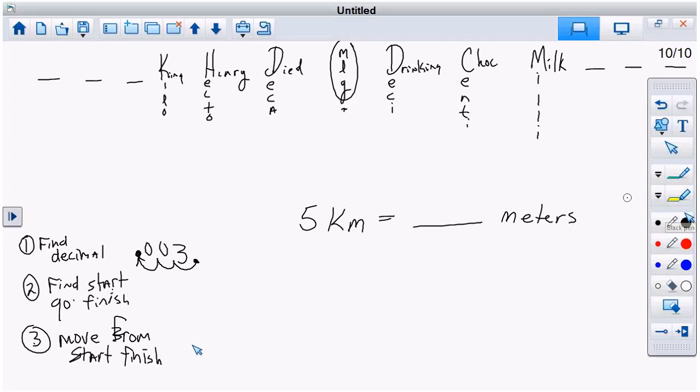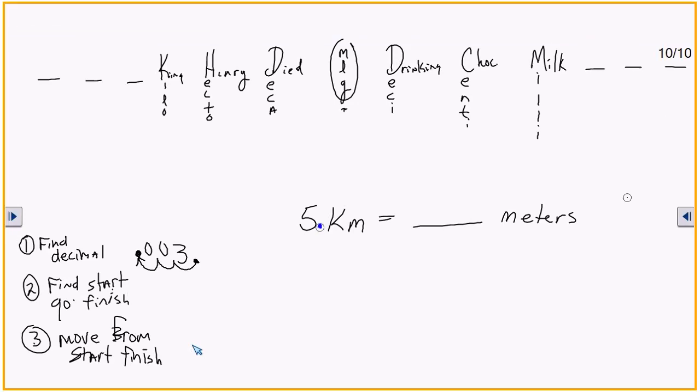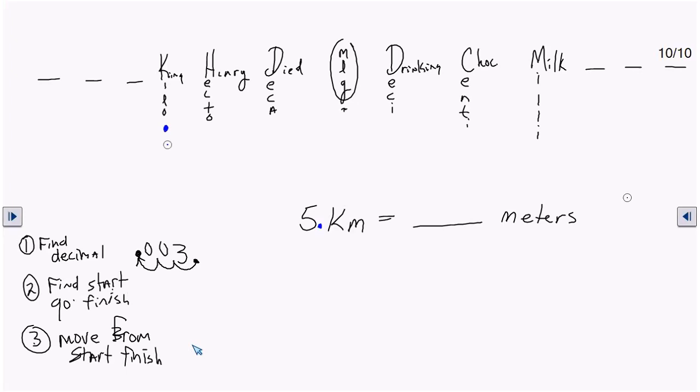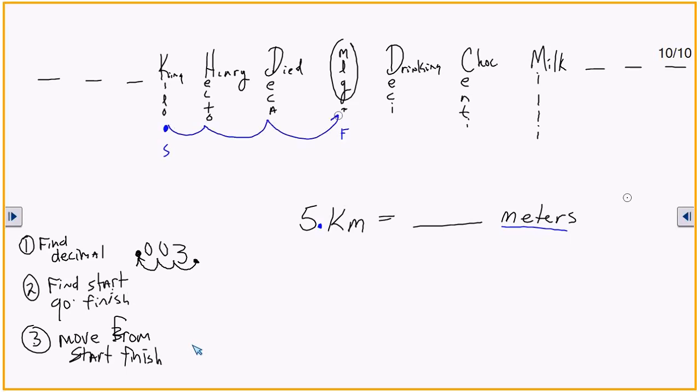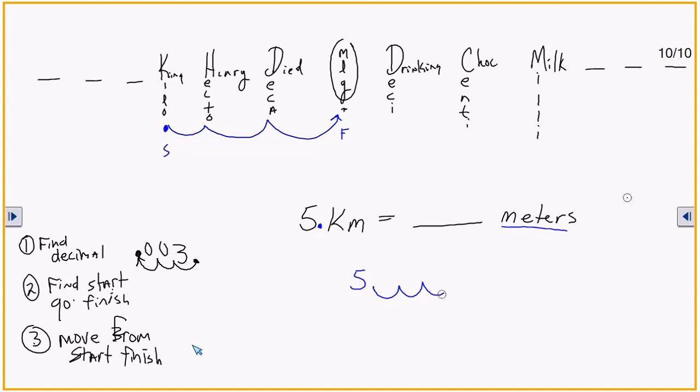So here we go. I'm going to put my starting point at kilometers. There's my starting point, and I want to finish with meters. 1, 2, 3. So I'm going to move that decimal on 5. 1, 2, 3.